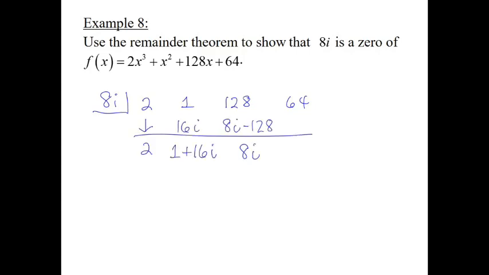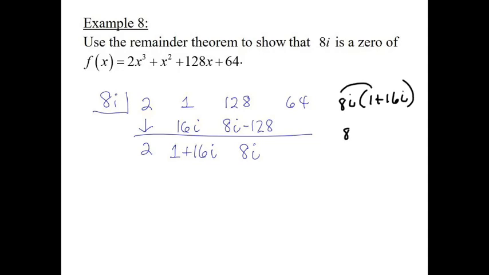We divide by 8i, bring down our 2. Then we have 8i times 2 is 16i. And we end up with 1 plus 16i. And so I'm going to do this math out here again for you, just like I did before. So I have 8i times 1 plus 16i.